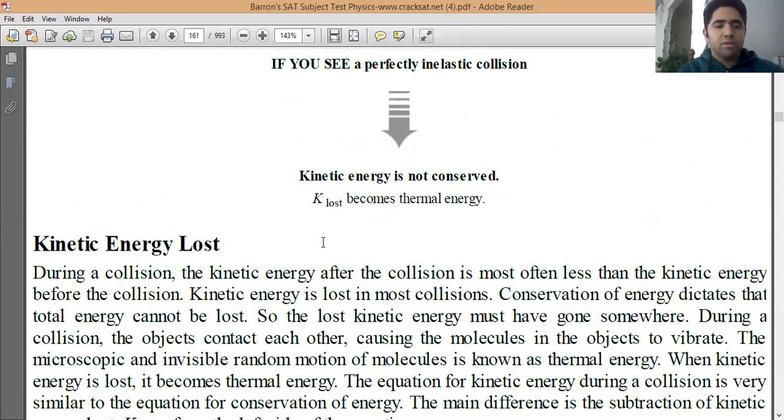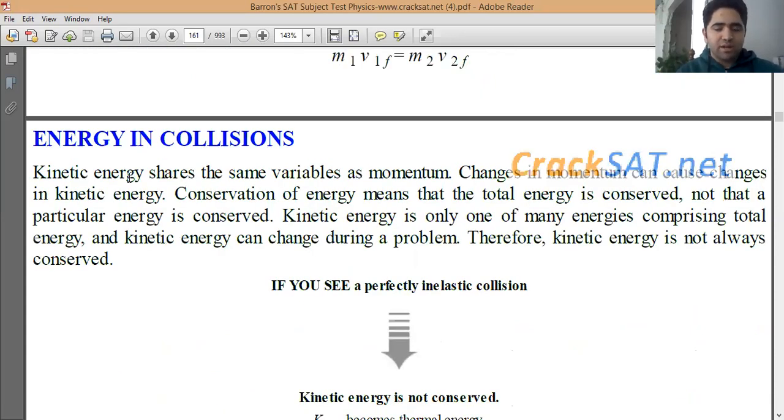Now notice that kinetic energy during collisions is not conserved because it will convert into other things. Two cars hit each other. So the initial kinetic energy will not equal the final kinetic energy. The final kinetic energy will be less. Why? Because kinetic energy was converted into heat. Touch the cars, they're so hot.